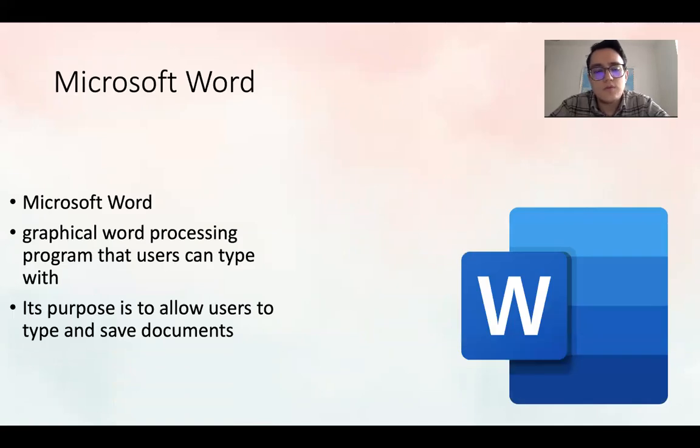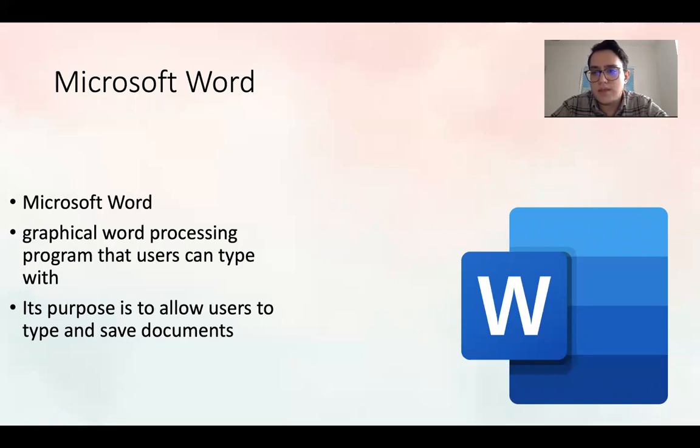So Microsoft Word, I think by now you have heard about Microsoft Word. Microsoft Word is basically a graphical word processing program that users can type with. Its purpose is to allow users to type and save documents.